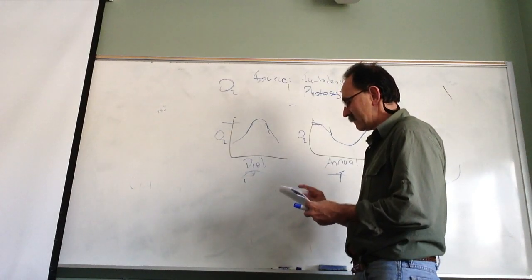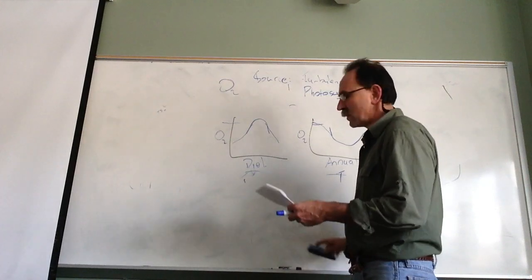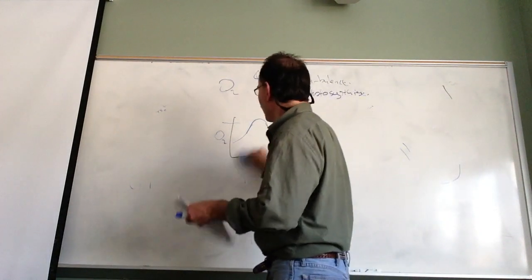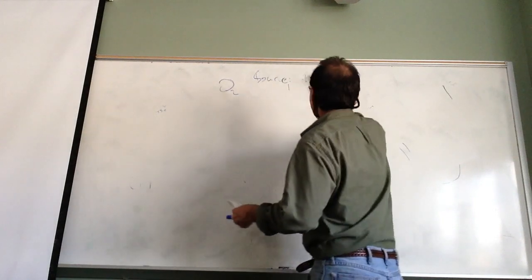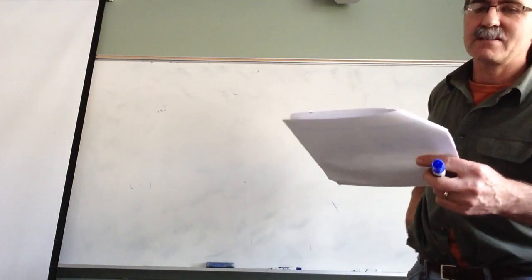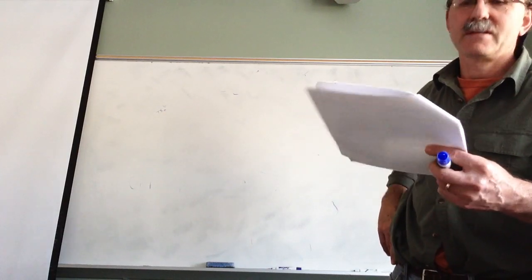Let's talk a little bit about some other gases. We've talked a lot about oxygen, but let's talk about nitrogen and CO2. Nitrogen is 79% of the air and is pretty inert.